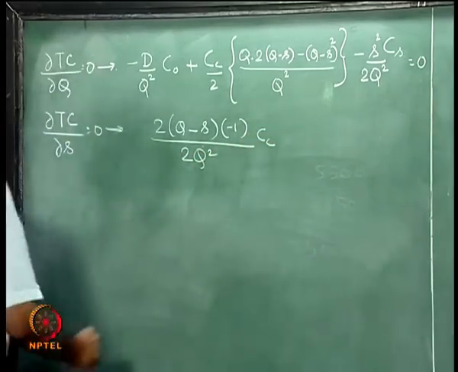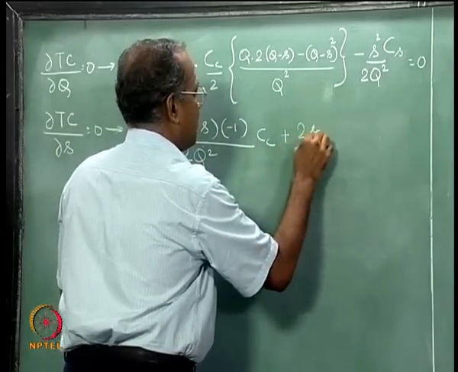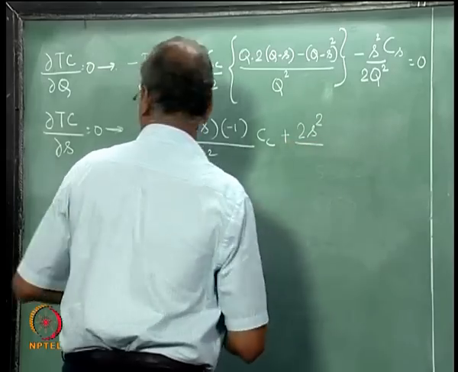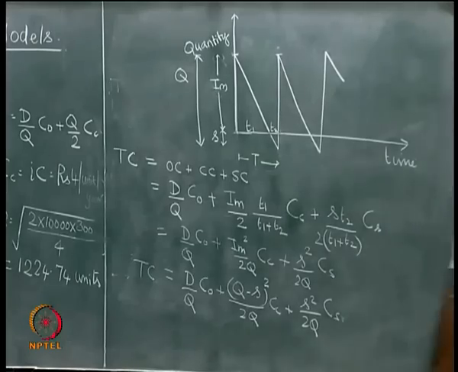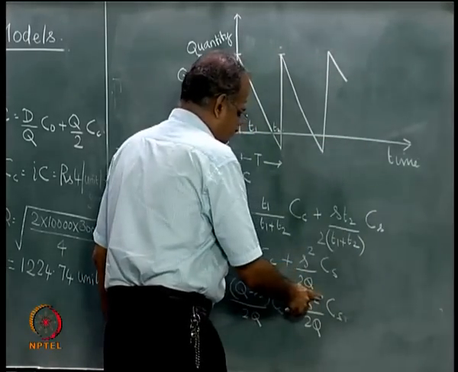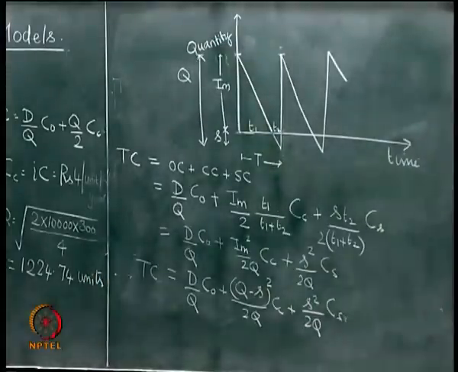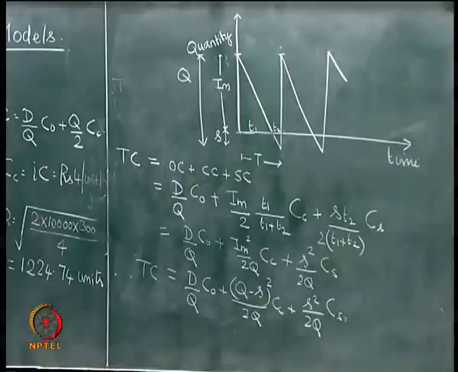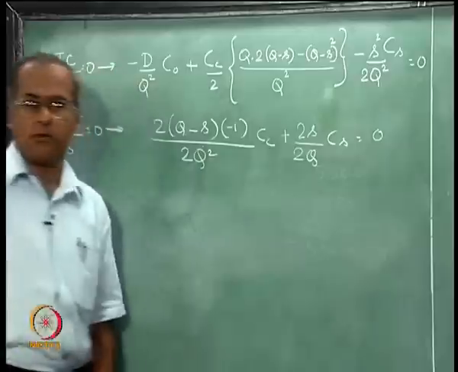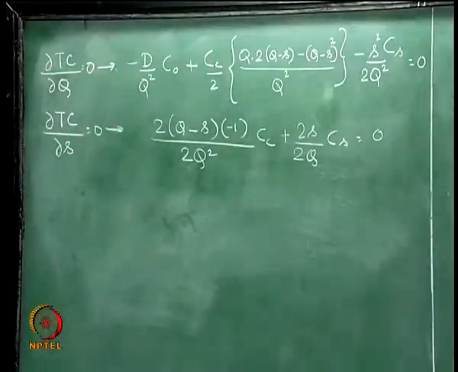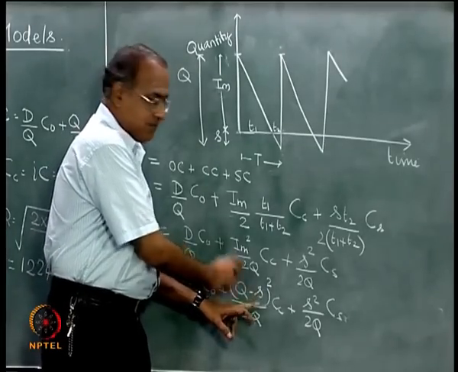Cc plus 2 s square by 2 q, sorry, s square on differentiation would give us 2s. So, 2s by 2q into Cs is equal to 0. Let me repeat, s appears in the numerator.